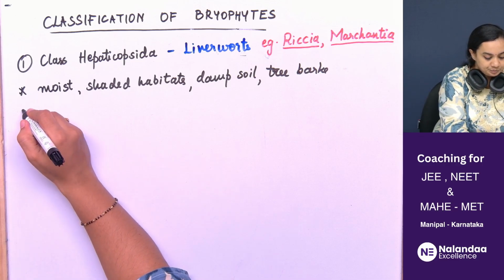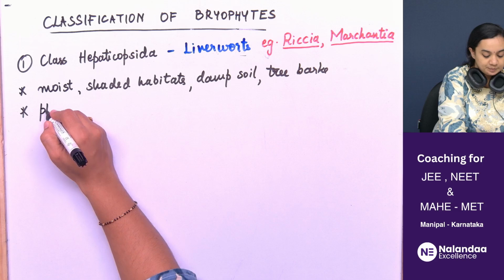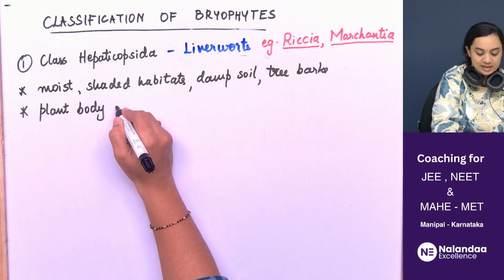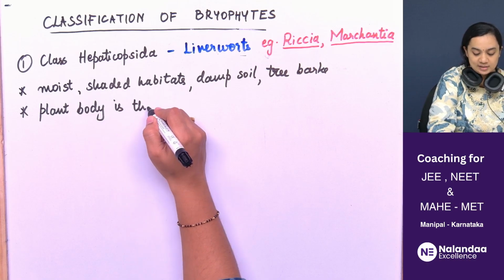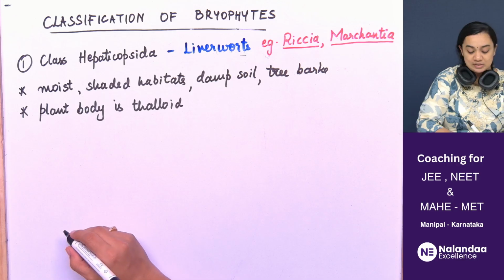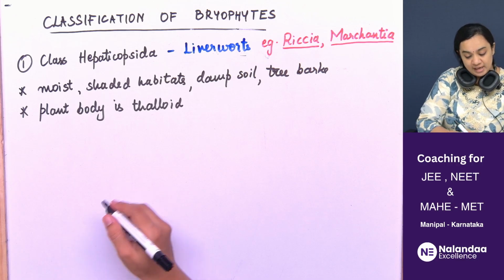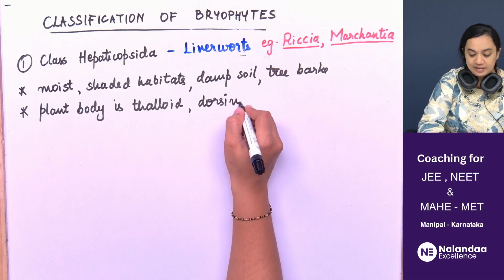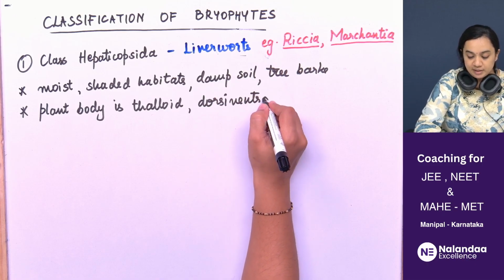And then the plant body of liverworts is thalloid. Thalloid means it is not properly differentiated into true roots, stems, and leaves. The plant body is thalloid and dorsiventral. What does dorsiventral mean?